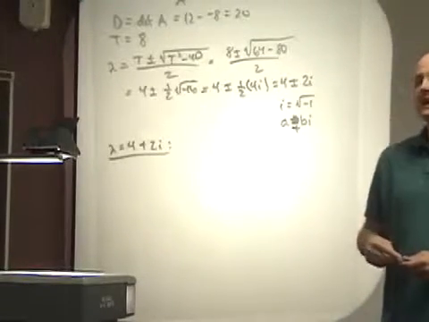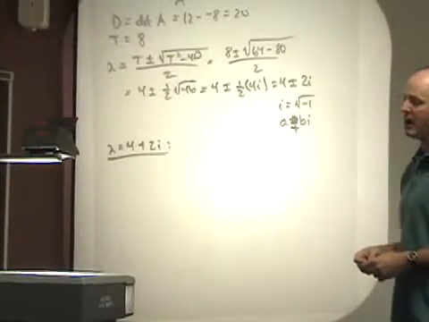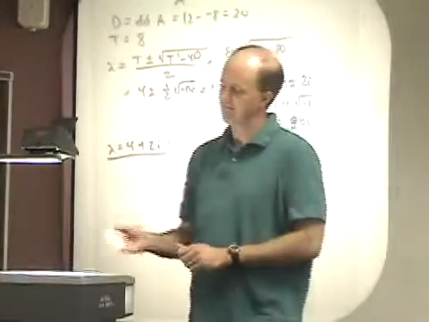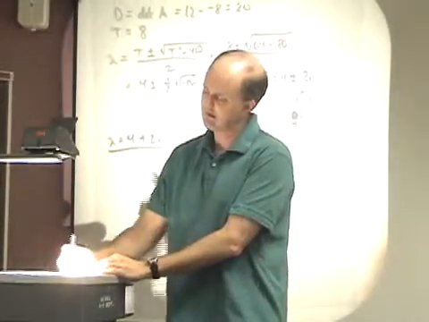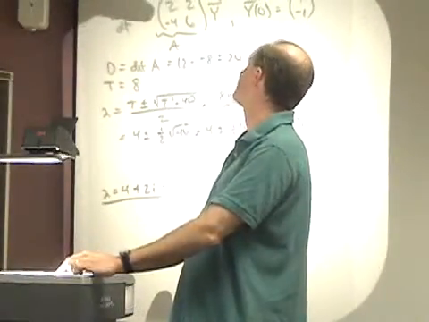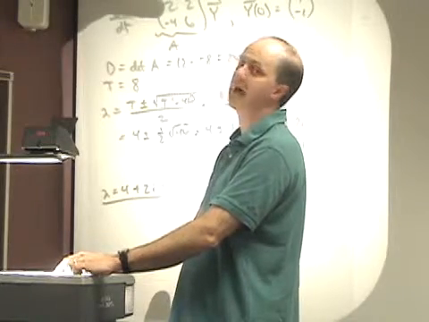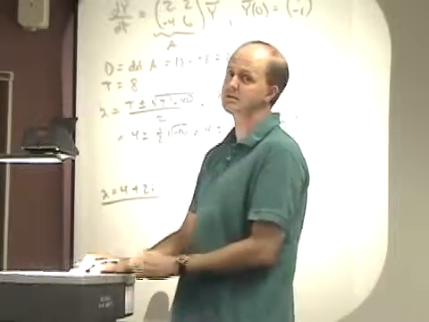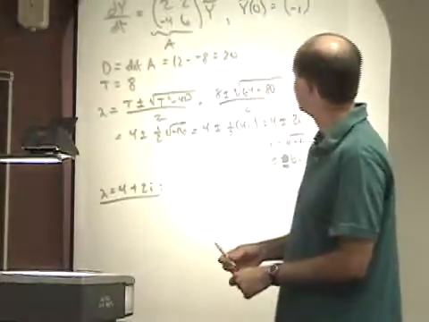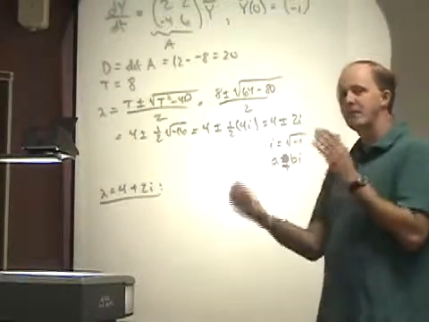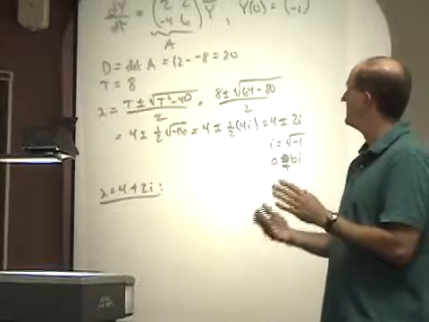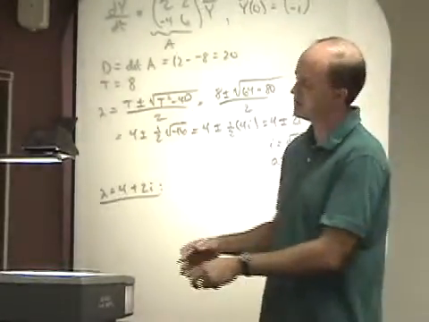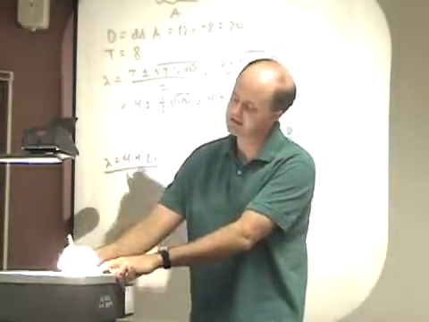Let's take the first eigenvalue, 4 plus 2i. Remember, what you need to do is go back up to the matrix, subtract lambda from the upper left and lower right entries. Don't subtract it from the upper right and lower left. Put the x and y in there. Those are going to be your coefficients of a homogeneous equation where 0 is on the right-hand side.